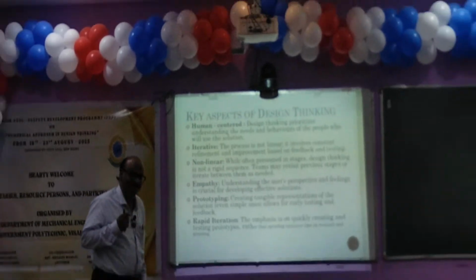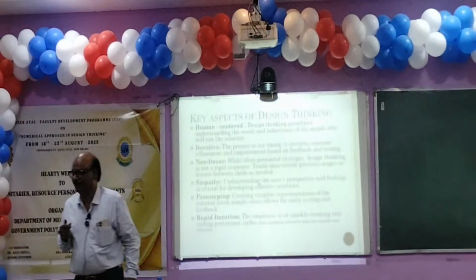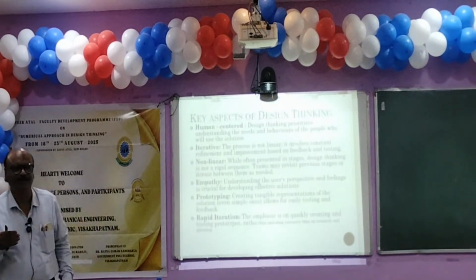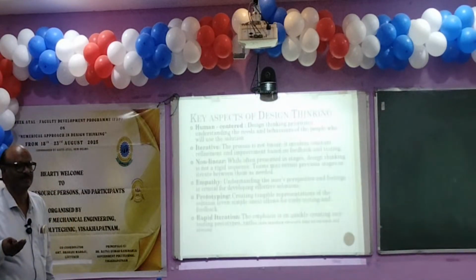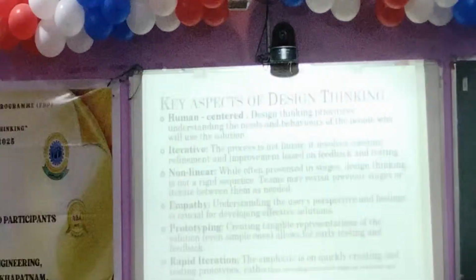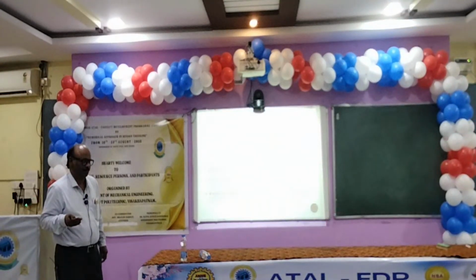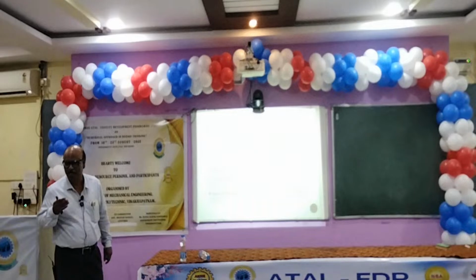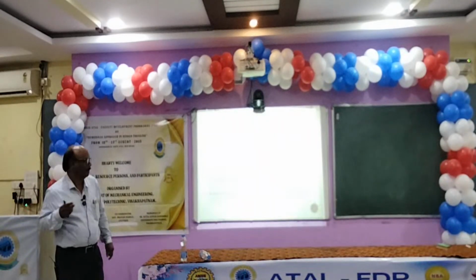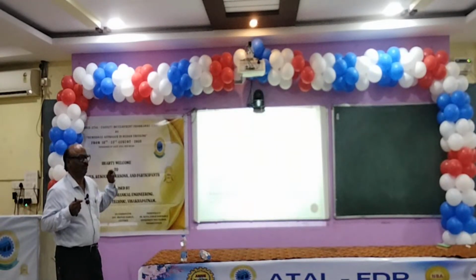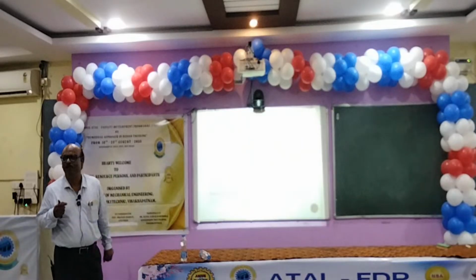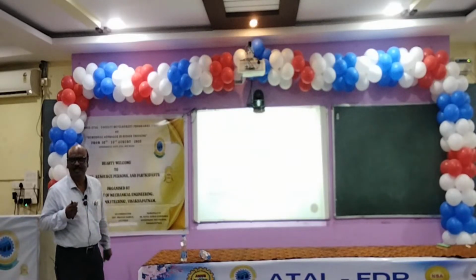In my earlier session, I was telling that the world is evolving. The changes in the designs, the changes in the thinking pattern, the changes in perceiving the requirements are rapidly changing. Now, we are focusing on human beings. That is, it is human-centric.